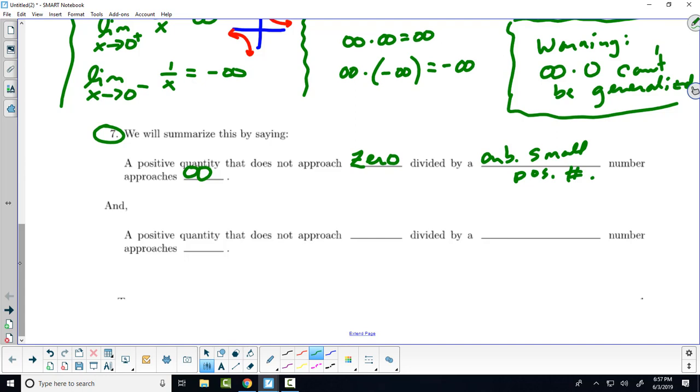If I take the number 23 and divide it by 0.1, what do I get? 230. If I take the number 23 and divide it by 0.01, what do I get? 2,300. If I take the number 23 and divide it by 0.00001, I get a very large positive number.